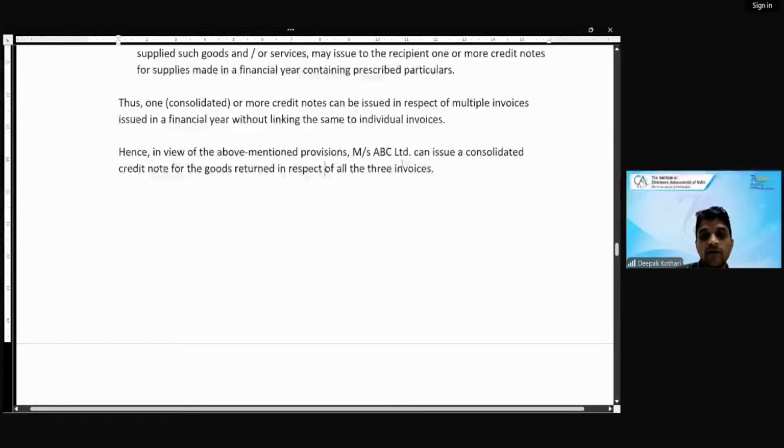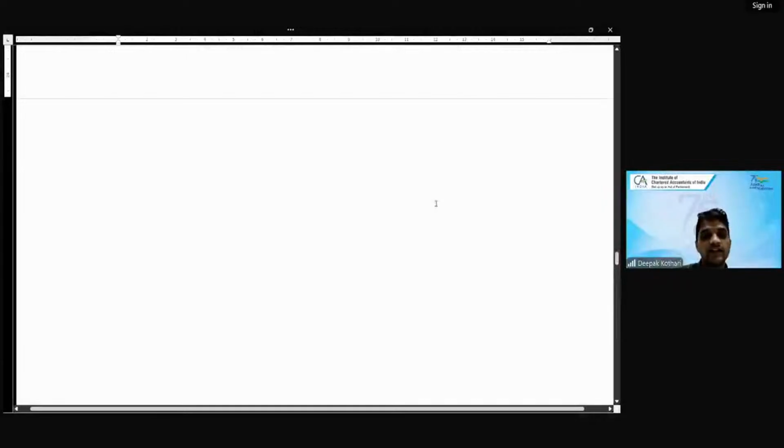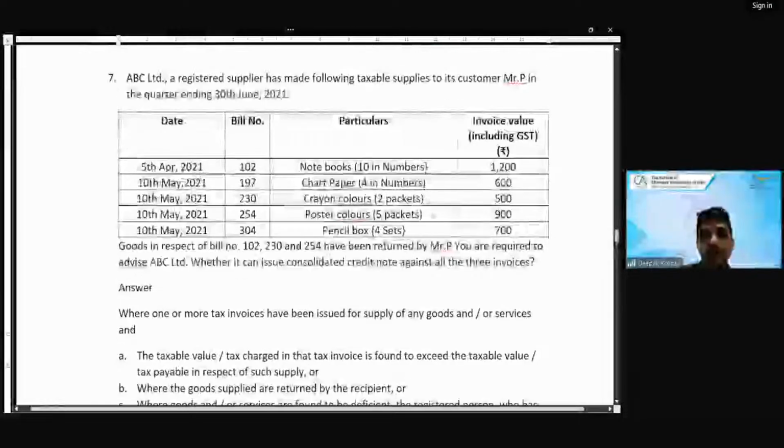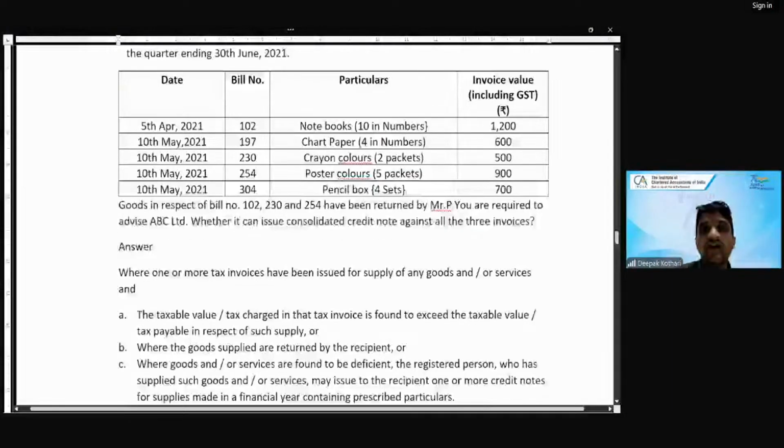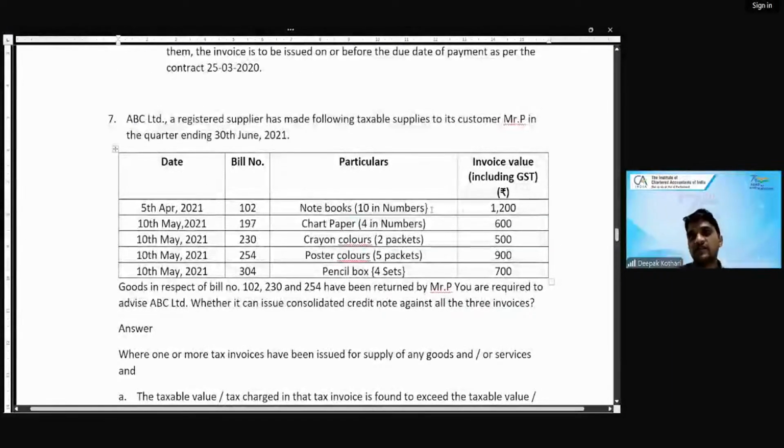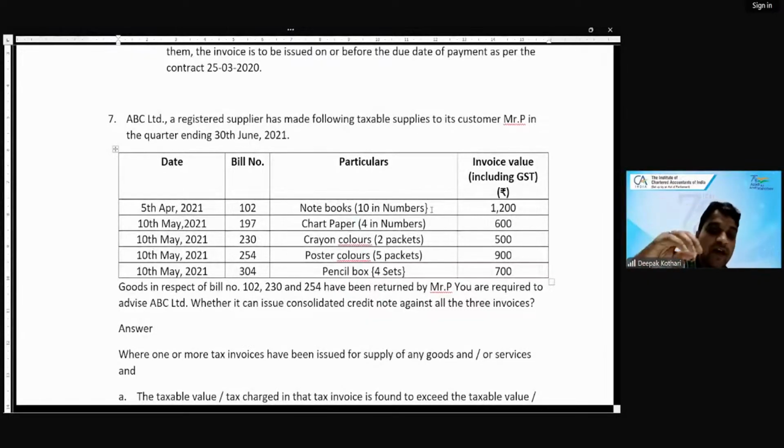Therefore, in view of the above provision, ABC can issue a consolidated credit note for the goods returned in respect of all the three invoices. So there is no requirement of giving separate credit notes. And the aspect of 200 rupees applies when you make a sale to an unregistered person. Then that 200 limit applies, not in the case of a credit note.